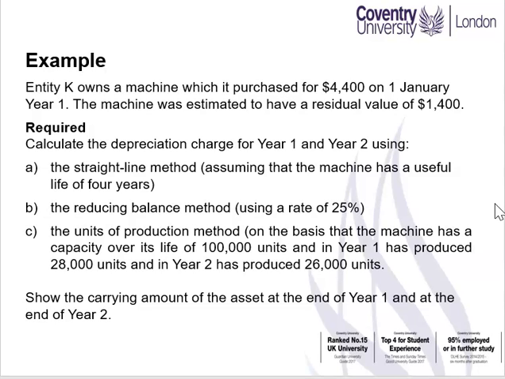C, the units of production method, on the basis that the machine has a capacity over its life of 100,000 units. And in year 1, it has produced 28,000 units, and in year 2, it has produced 26,000 units. Show the carrying amount of the asset at the end of year 1 and at the end of year 2.